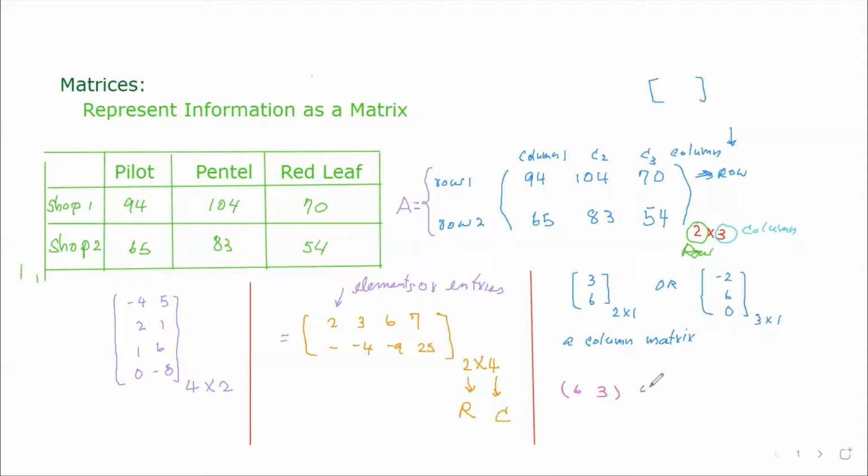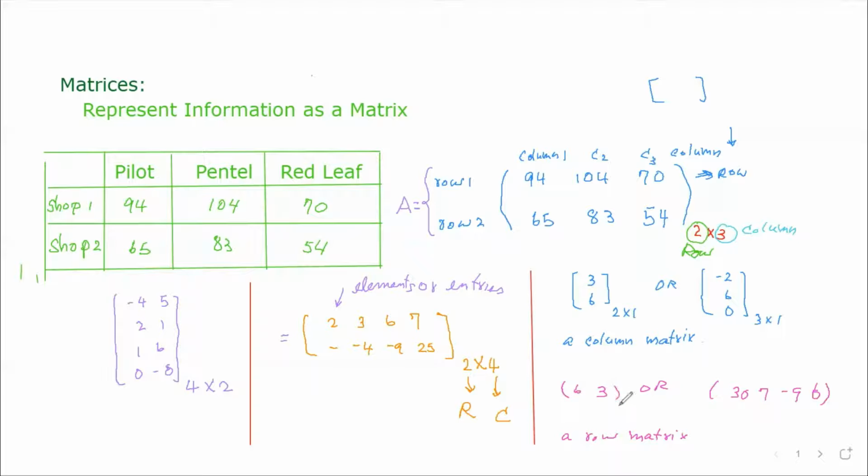Or maybe 3, 37, -9, or maybe 5, or 6. This one we call a row matrix because there is only 1 row. And the one above has only 1 column, so we call it a column matrix.